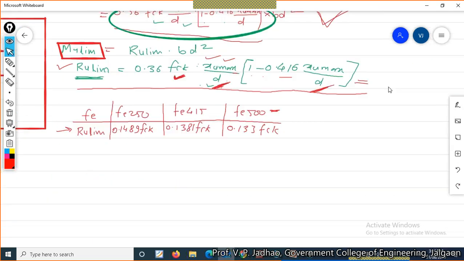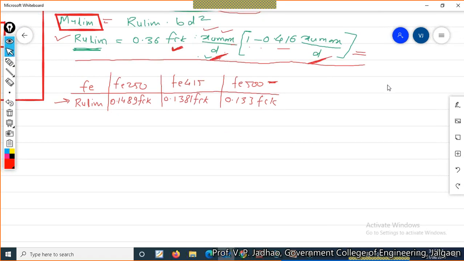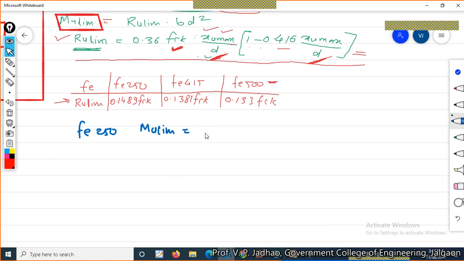Now for Fe 250, what will we be getting as the value of Mu limiting?